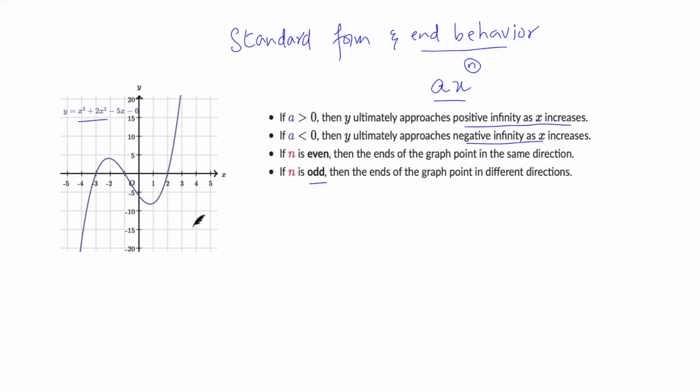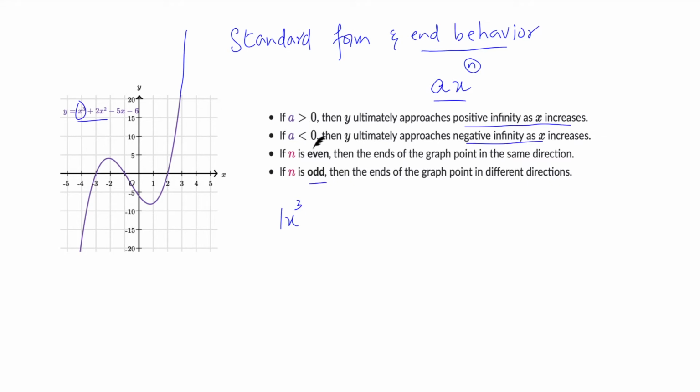Let's examine this graph. For this graph, what is the highest power term that we have? It is 1x cubed. So a is greater than 0. So y ultimately approaches positive infinity when x increases. You increase x, what will happen? This will approach positive infinity.